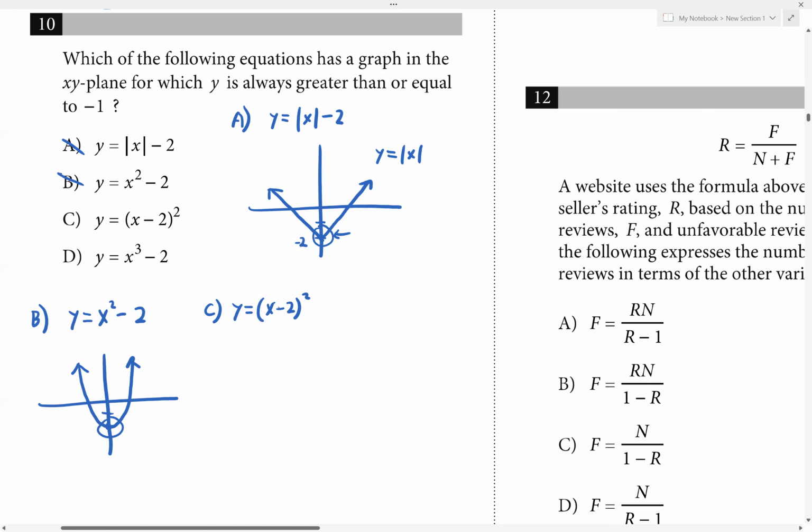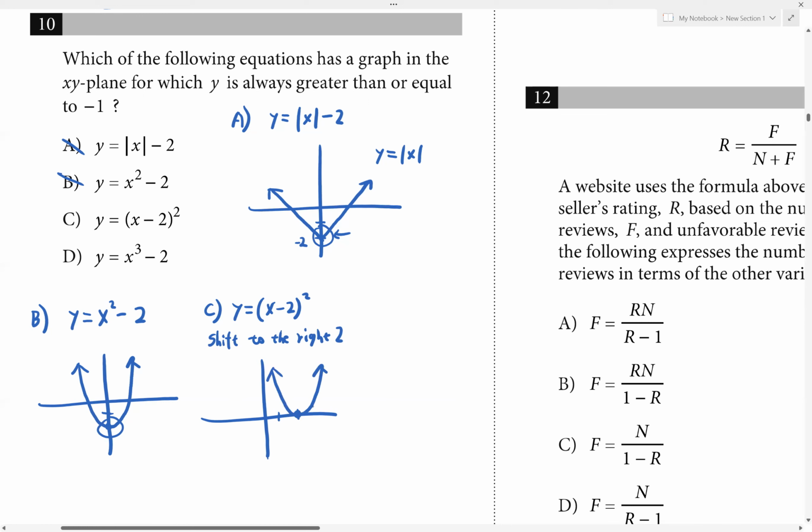Horizontal shift is always backwards, so the -2 is a shift to the right. So the graph is still a parabola, but now we go 2 to the right from 0, 0. And then the graph should look something like that.